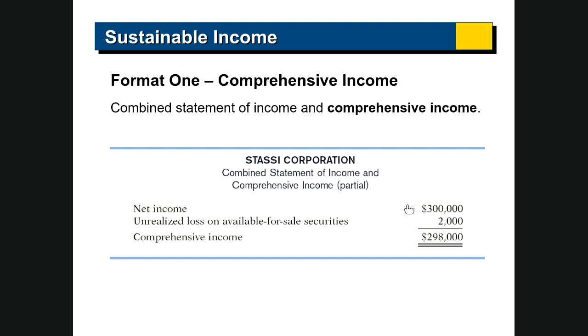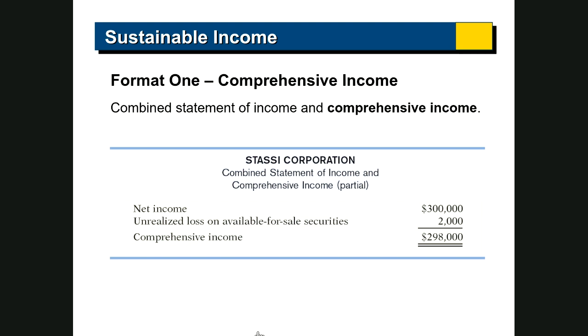The first line there is net income, and then the 2,000 unrealized loss, showing the comprehensive income as 290,000. This is one way of reporting it: preparing a separate statement called the combined statement of income and comprehensive income.